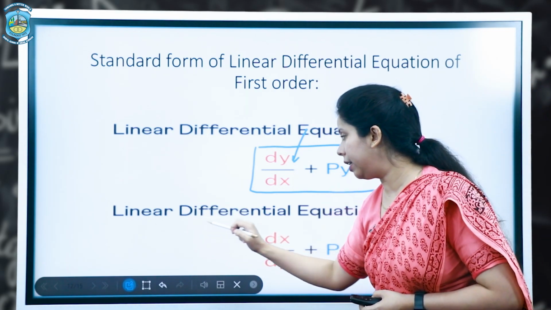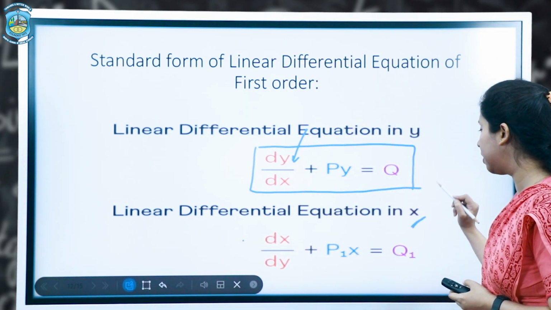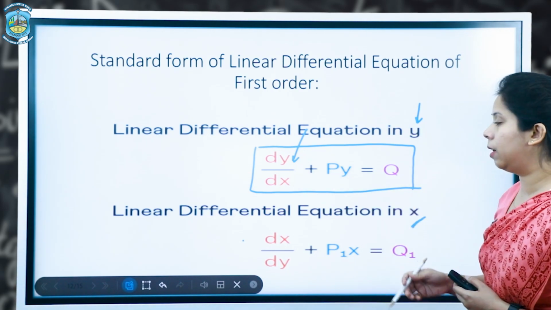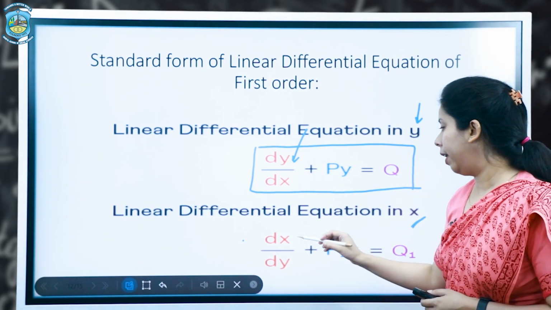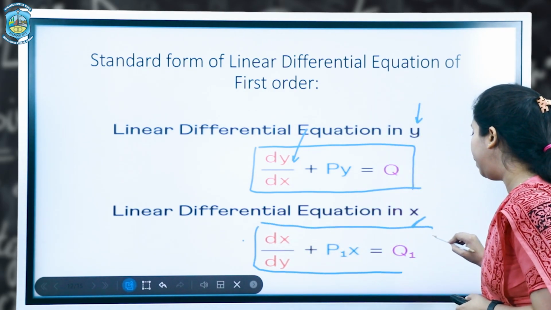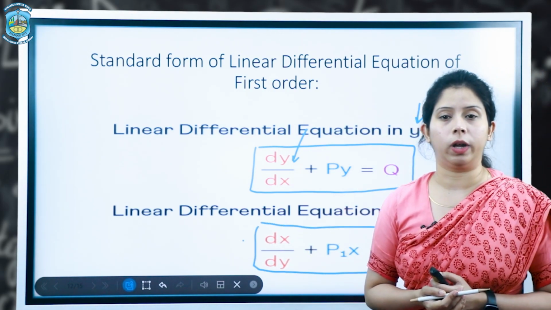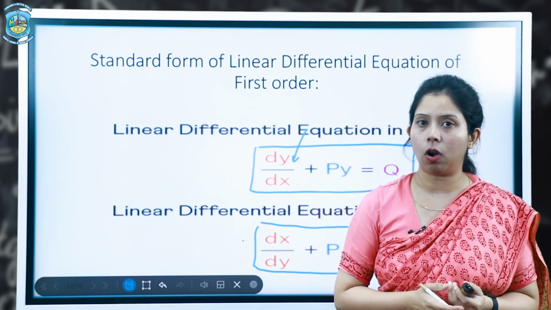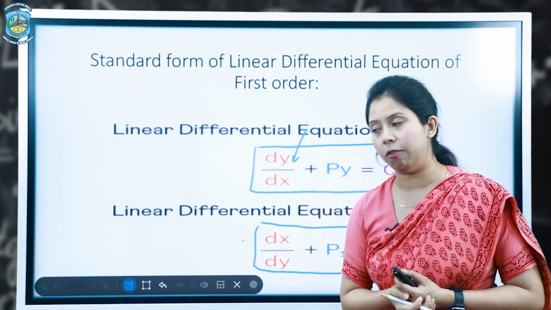Similarly, we have another linear differential equation in x. The first one was in y and the second one is in terms of x. So, it is expressed as dx upon dy plus p1x is equal to q1. Here p1 and q1 are either constants or functions of y.